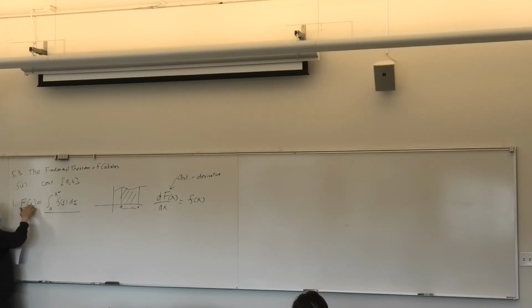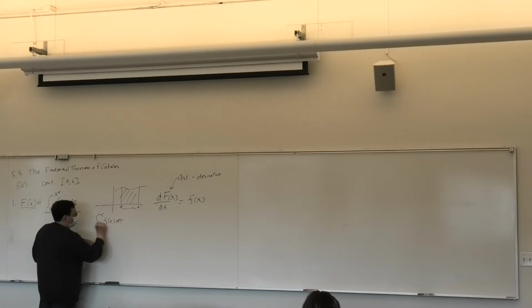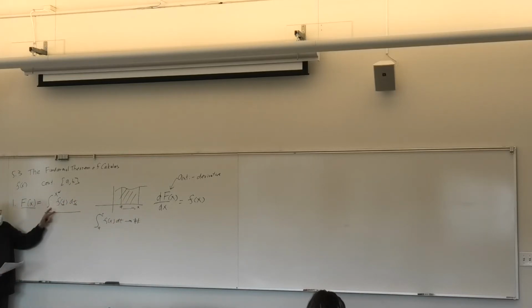So this is a function of x. If we actually pick some value, let's say c, then this becomes a number, just some area. But here, since it's an area function, it's some variable function of x. So that's the first part.